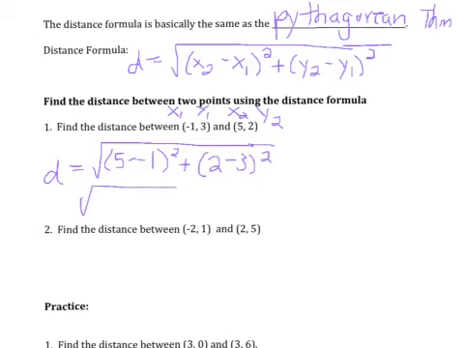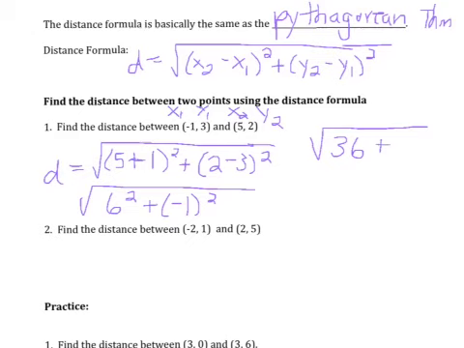So that'll be the square root, this will turn into a plus, of 6 squared plus -1 squared. 6 squared is 36, and -1 squared is 1. So in our calculators, we want to find the square root of 37. And the square root of 37, after we round, is 6.1. So that is the distance between the 2 points.